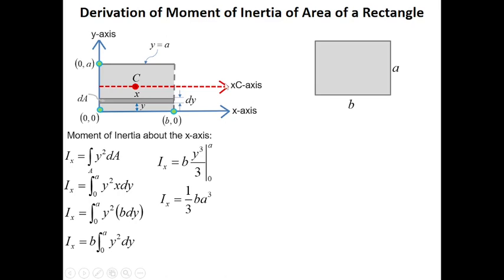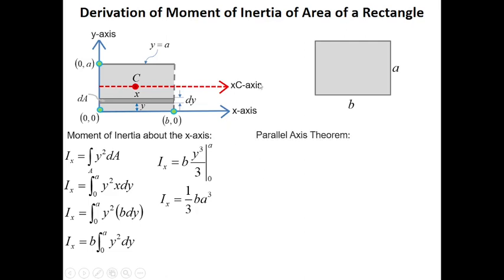So, kukunin ngayon natin yung moment of inertia ng area na to about the xc-axis. Yun ang ating concern. Anong moment of inertia ng area na yan about the axis wherein that axis passes through the centroid of that area and at the same time, that axis is parallel to the x-axis.